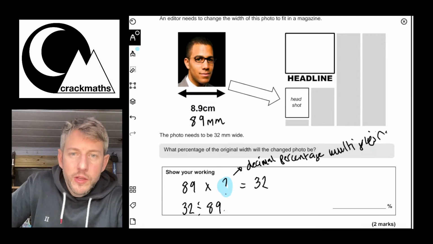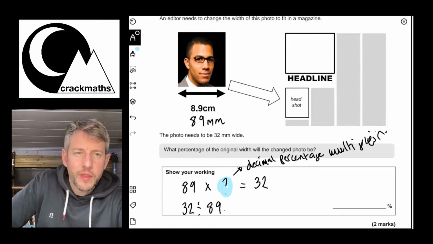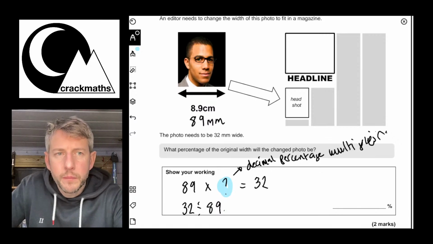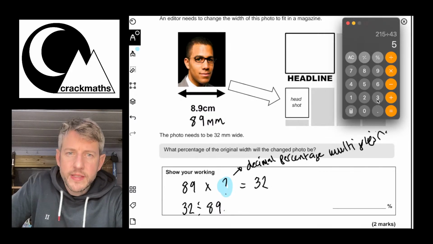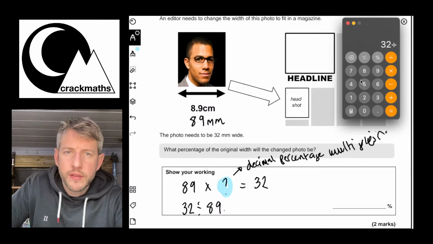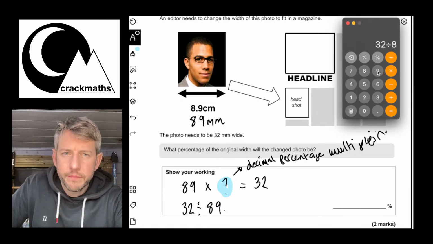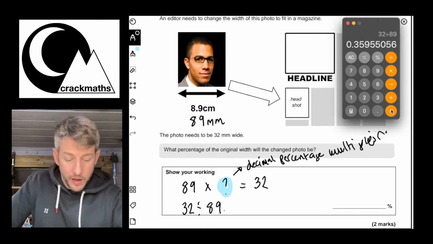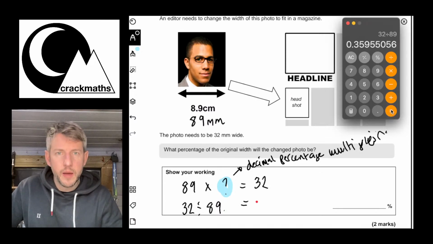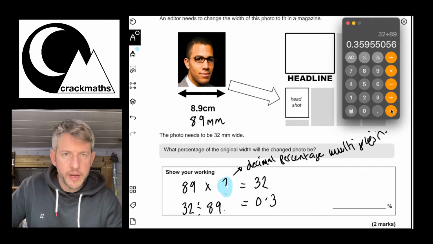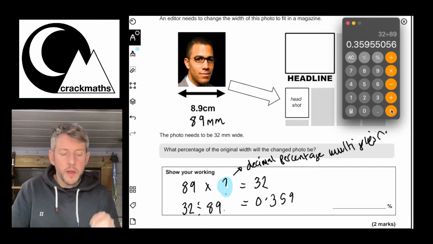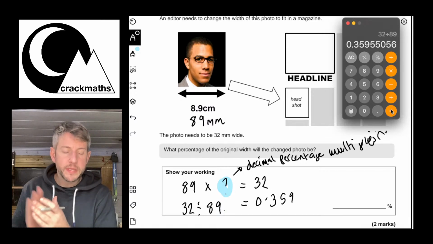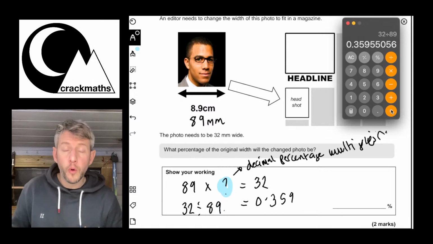Okay, right. So let me get out my calculator. I'm going to move this onto the screen. So I need to do 32 divided by 89. That is 0.359. So this is our percentage decimal multiplier for a reduction.